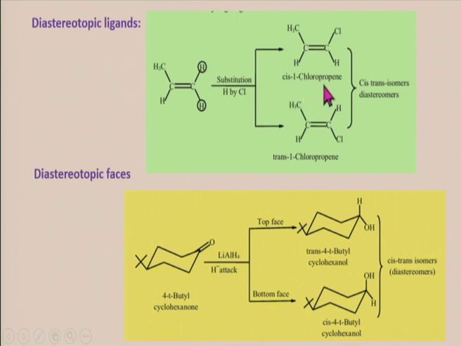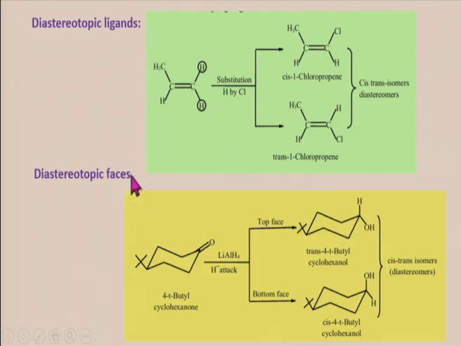So we get the cis 1-chloropropene here, and in the second case, where this hydrogen is replaced with chlorine, it results in the trans 1-chloropropene. So we get two different diastereomers. We call these diastereotopic ligands, and here the diastereotopic faces.